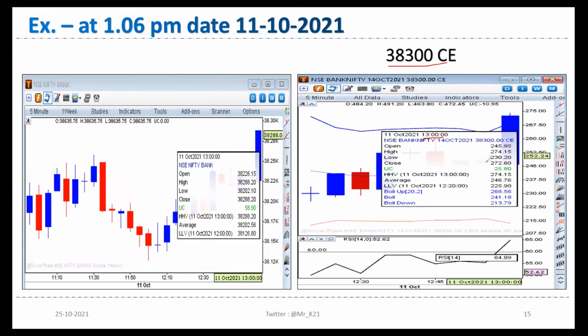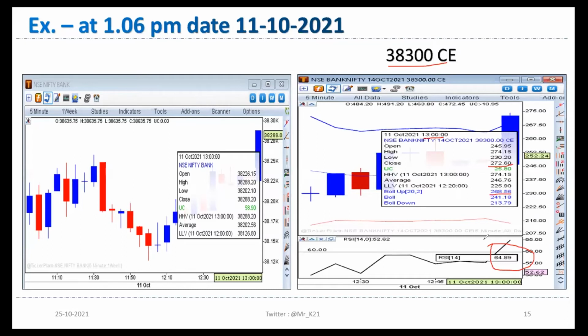What is my close? 272.60, and my Bollinger Band upper band value is 268.56. So my candle is closing above the upper band. Clear. Now what is my RSI? My RSI is 65, so it is greater than 60 also. Clear. So both conditions are satisfied.